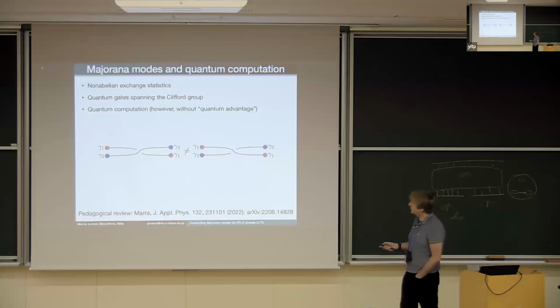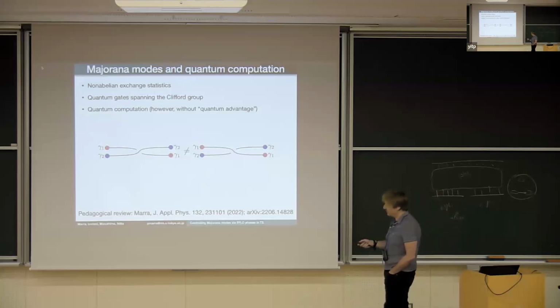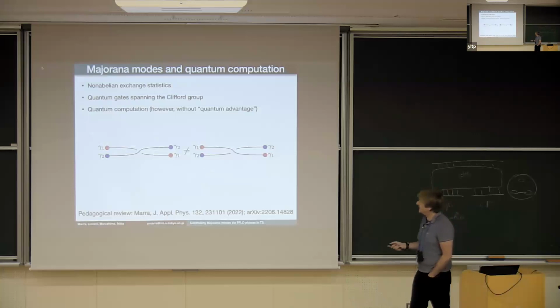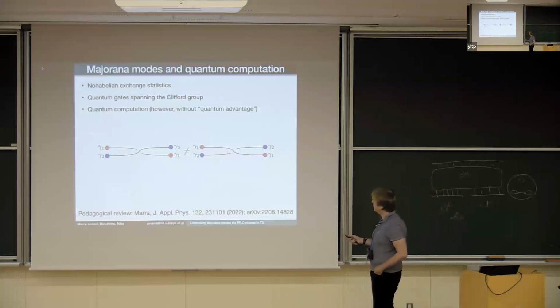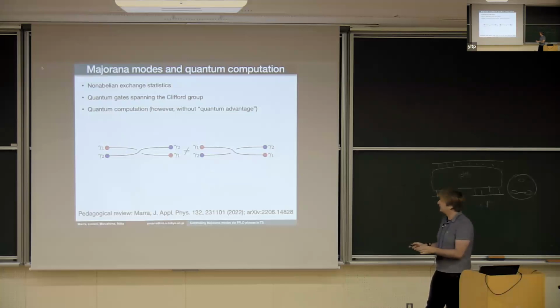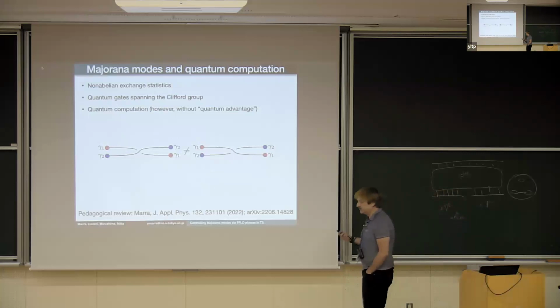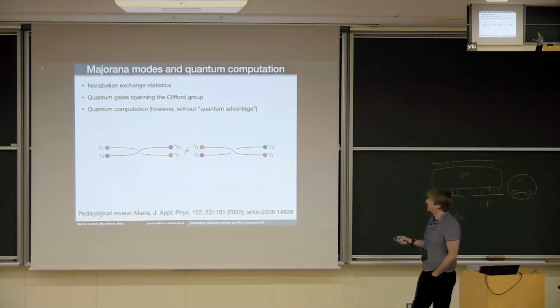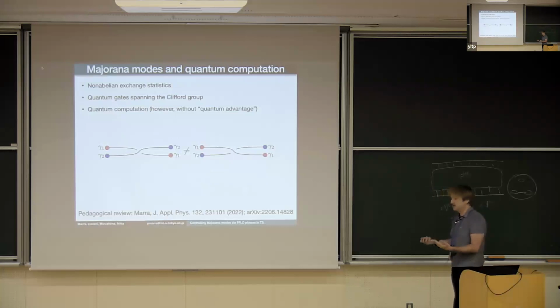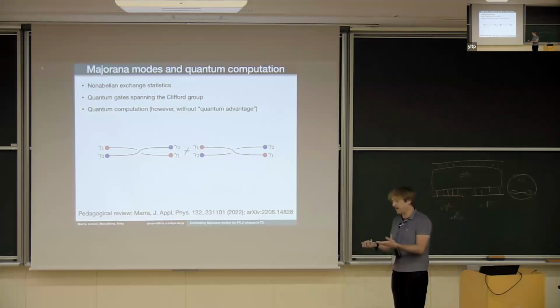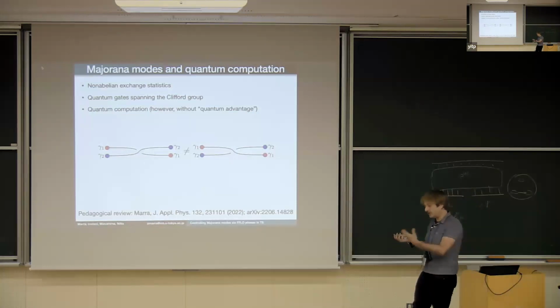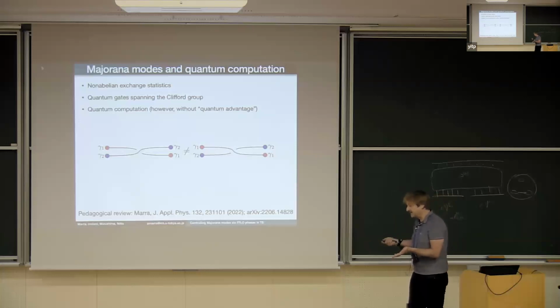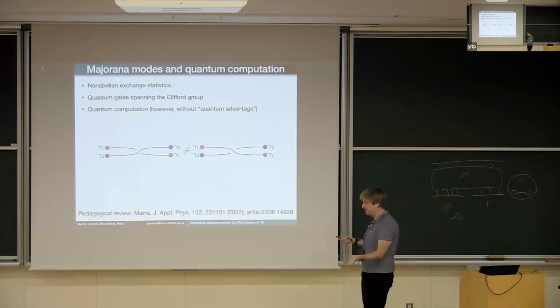So if you exchange these Majorana modes in space or in parameter space, it depends on the order of your operation. This can be used to build Clifford gates, which gives you a platform for quantum computation, even though you don't have a quantum advantage, because with only the Clifford group you can always simulate these quantum gates with a classical computer.